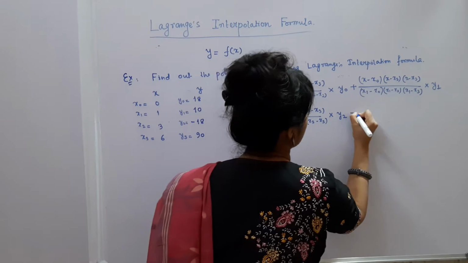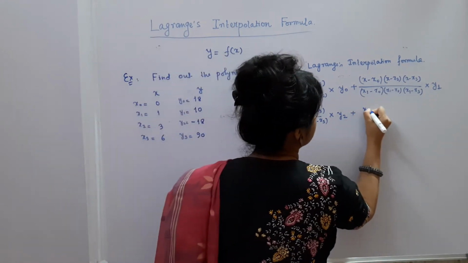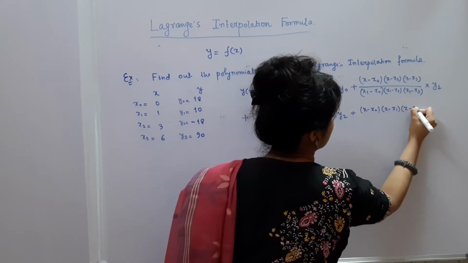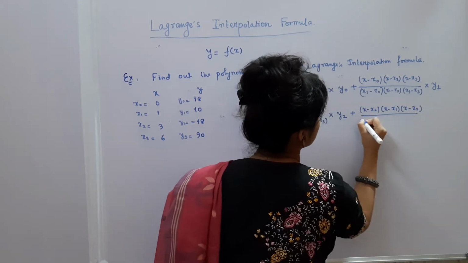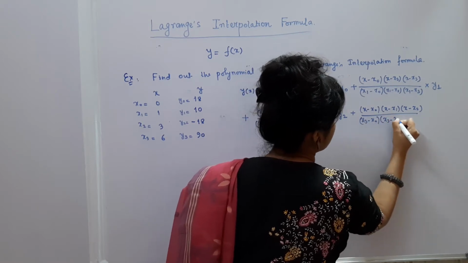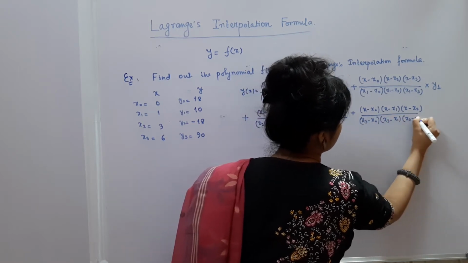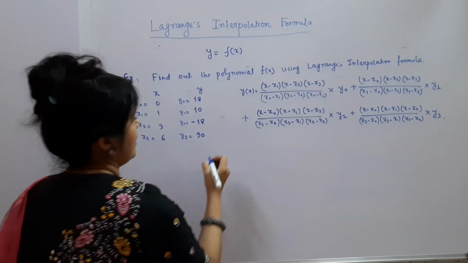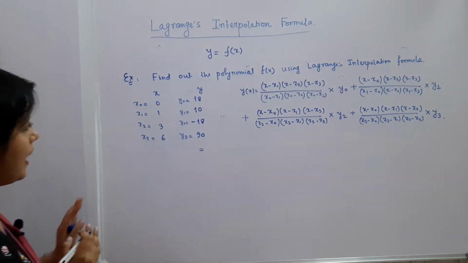And finally the last term is x minus x0, the term x minus x3 will be missing. So, it would be up to x minus x2 and in the denominator all the terms are subtracted from x3. Now, I can substitute the values.